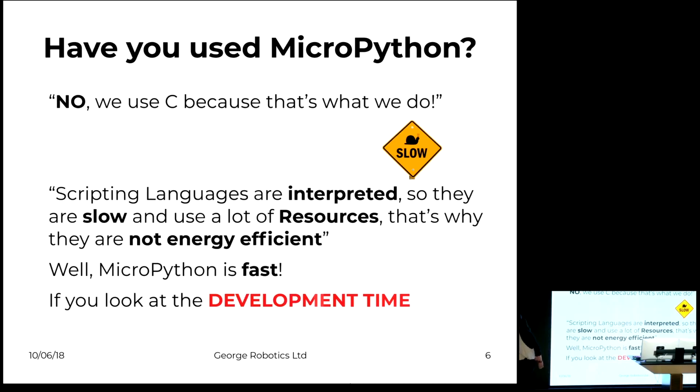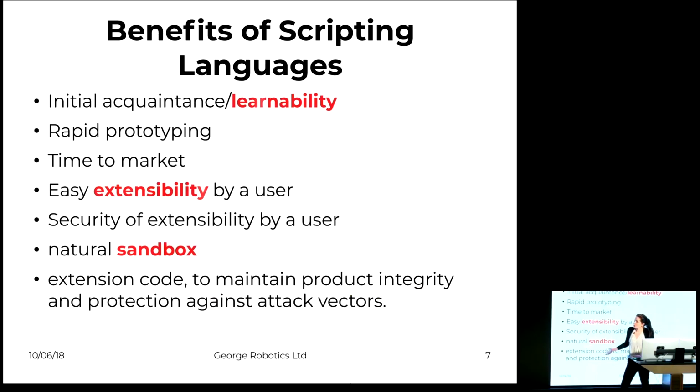But let me just say MicroPython is fast enough for most tasks. And if you look at the development time when you do a redesign of a product or have the first idea of a product, it's really, really fast. The benefits of scripting languages, you all know them. It's easy to learn them.